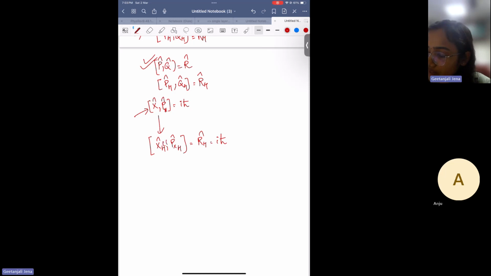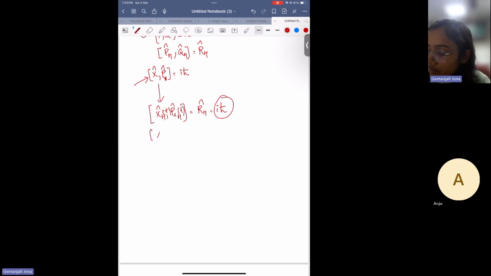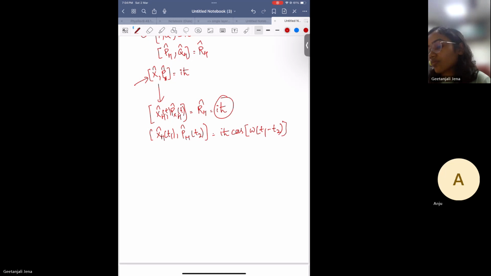If you have the same time, then you will find it is iħ. Then if you have different times, as I solved in one of the questions, this is nothing but iħ cos ω(t1 minus t2).